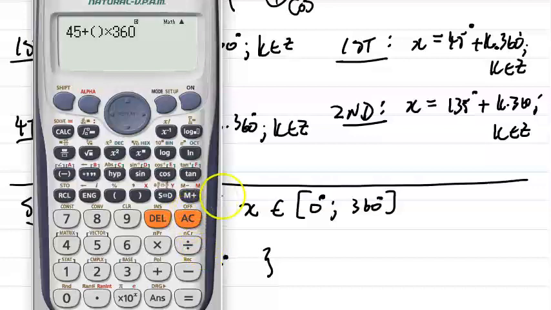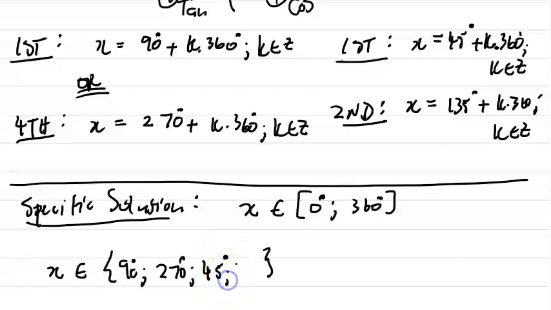Let's go to the last one now. We've got 135. So you put 135 plus, open and close brackets, times 360. Once again, guys, look carefully. If I put minus 1 there, I'm going to get a negative answer. If I put 0, I get 135. 135 lies in this domain, so 135 degrees is an answer.